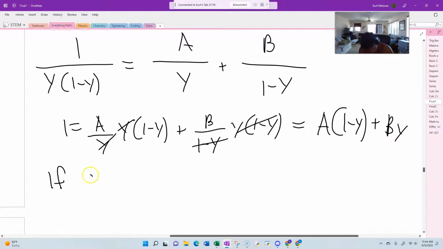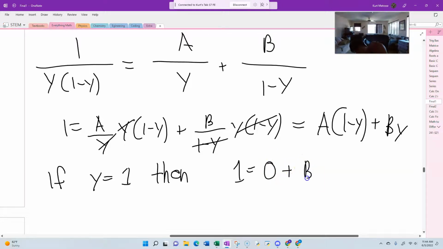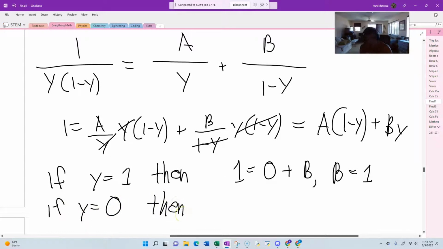Just say, if y is equal to 1, then 1 is equal to a multiplied by 0, so it's just 0 plus b, and b is equal to 1. Then if y is equal to 0, yes, I'm literally just picking random numbers, but it's not so random, you can pick numbers that help your case.